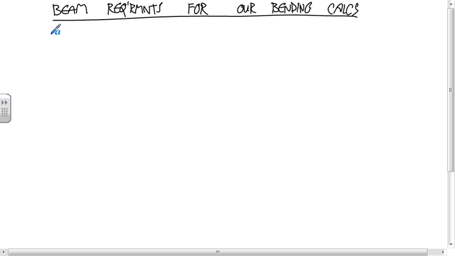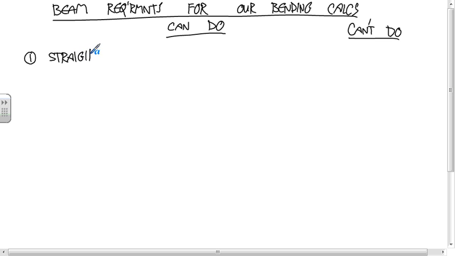Well, first, let me set this up so that in each of these, I'm going to give an example of what we can do and what we can't do calculations for. So, can do and can't do. The first requirement is that the member be straight. So we can do beams like this, but with this approach, we can't do stresses on something whose undeformed shape is curved.